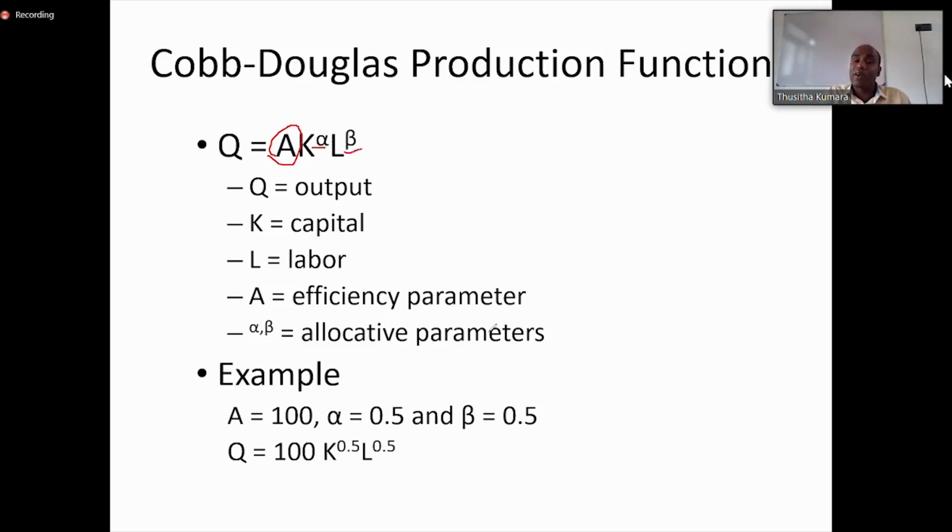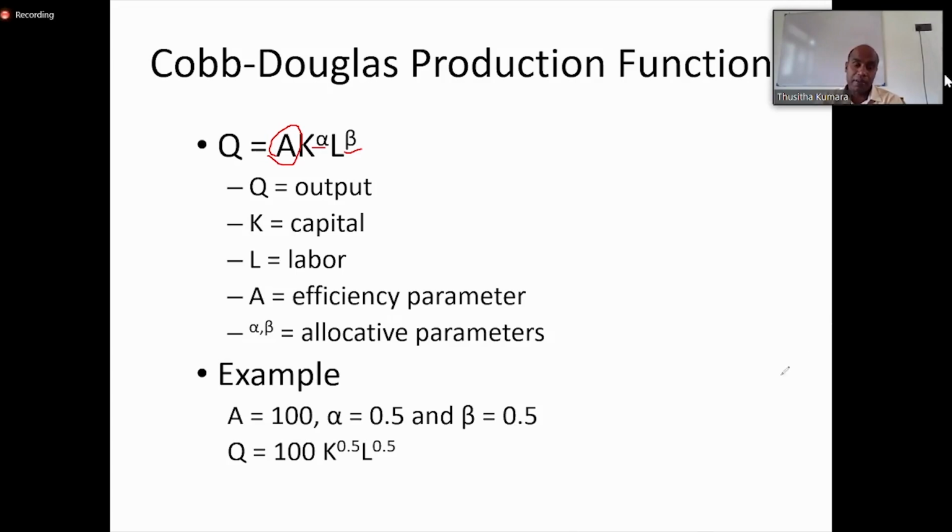We call them allocative parameters: how we are going to allocate how much capital and how much labor. Maybe we want to put in more labor, which is called labor intensive, so then the beta value will be a bit higher compared to the alpha value.